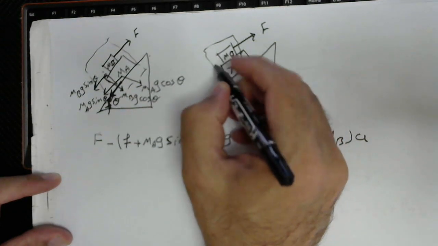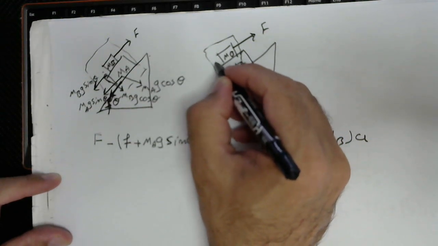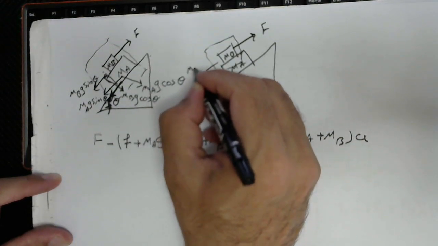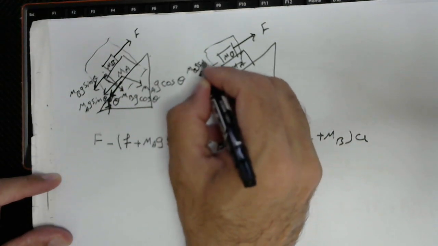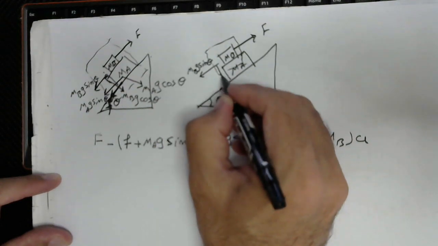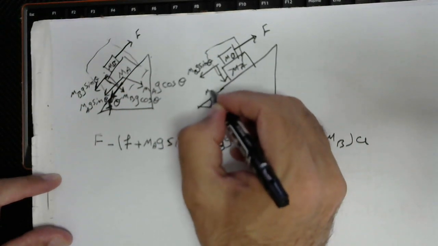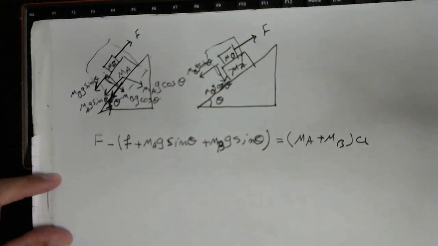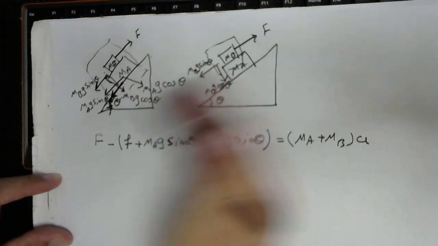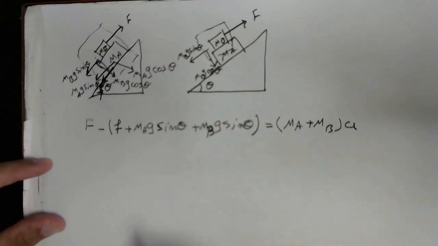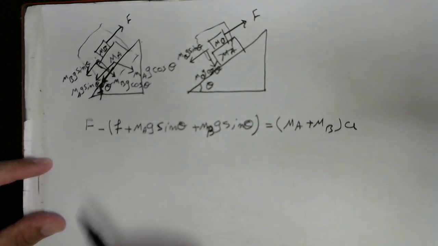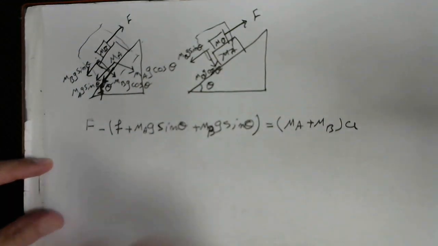So you do have the mass projecting in this direction, which is MBg sine theta, and MBg cosine theta for the mass of B projecting normal to the direction of motion. I assume you know this.